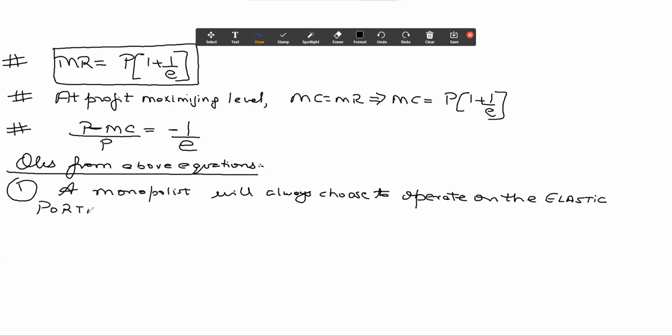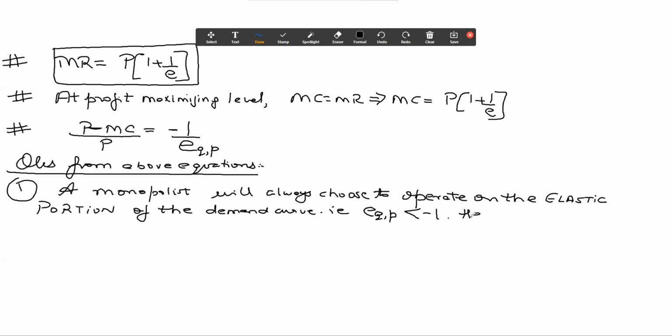That is, on the elastic portion, the elasticity of demand, EQP, will be less than -1. Less than -1 means -2, -3, -4. These are all elastic portions.